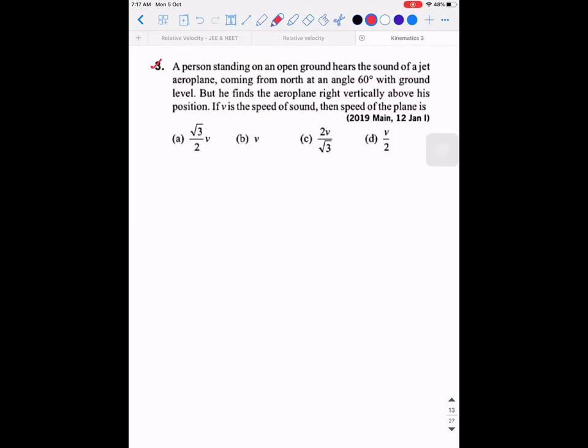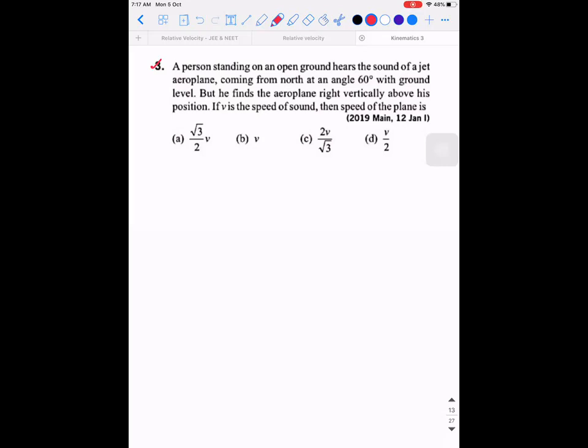So there is a person standing on an open ground. Here's the sound of a jet aeroplane coming from north at an angle of 60 degrees with ground level. But he finds the aeroplane right vertically above his position. How is it possible? He's saying sound is coming at 60 degrees and the plane is exactly in a vertical position.